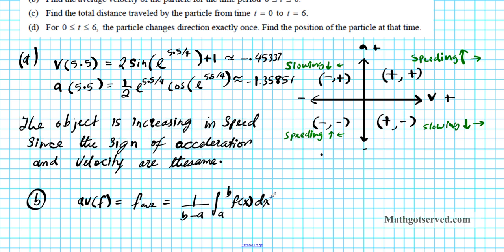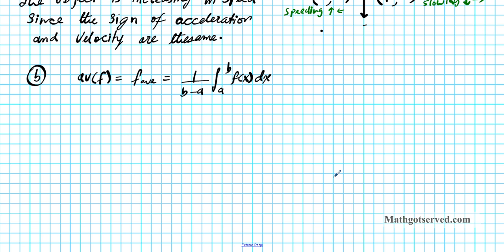If we're asked to find the average rate of change of velocity or the average acceleration, then we can use the other formula. But this is not the average rate of change. We have to find the average velocity. So all we're going to do is find the average of the velocity function.